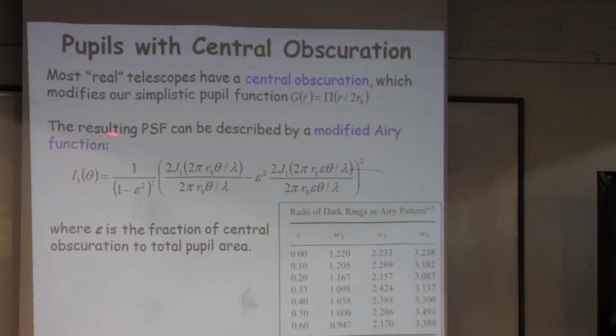You can also use the same formalism, but it gets a bit more complicated, and you have to add another term that contains this Bessel function with a factor here. That factor is the ratio of the central obscuration to the total pupil area. In other words, if you have an 8-meter telescope and you put a secondary mirror above it that's 1 meter in diameter, obviously that fraction is 1/8, so epsilon would be 0.125.